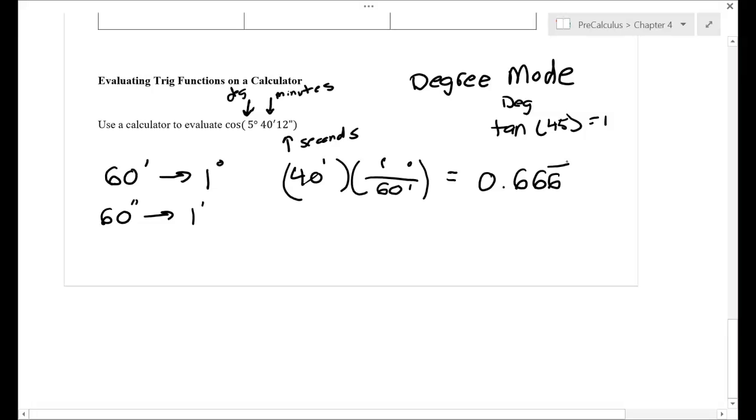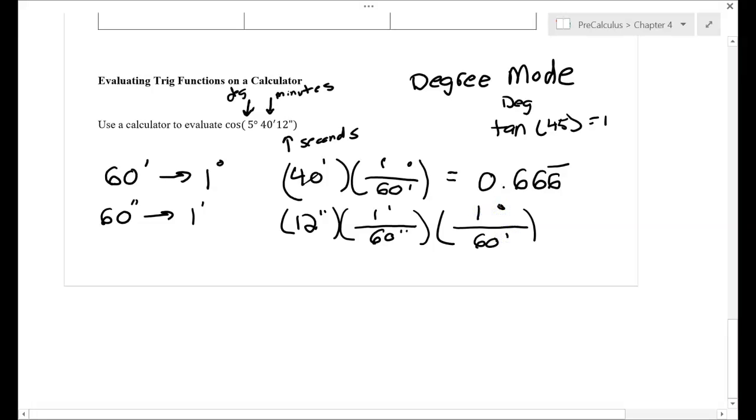Now I'm going to play the same game with my 12 seconds. I have 12 seconds. Now I need to get all the way to degrees. So the first thing I'm going to do is convert from seconds to minutes, and I know that I have 60 seconds in 1 minute. And then I'm going to convert from minutes to degrees, and I know I have 60 minutes in 1 degree.